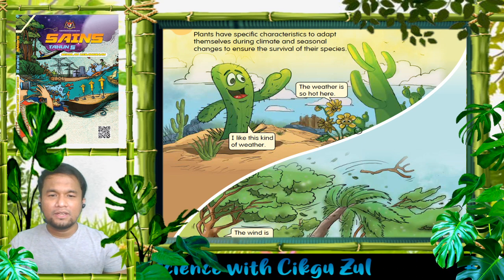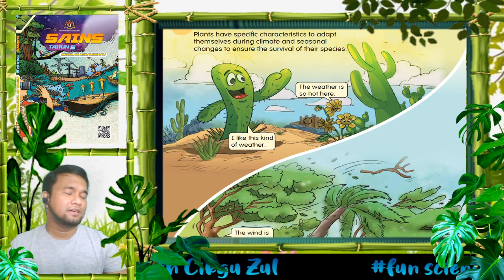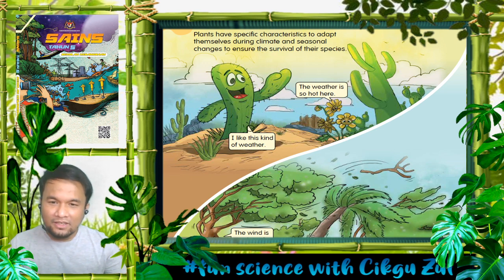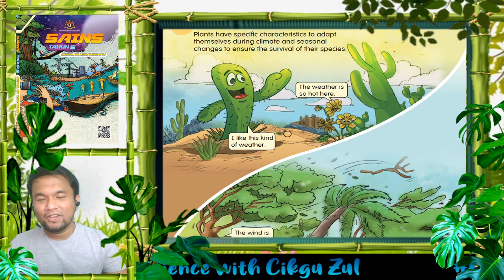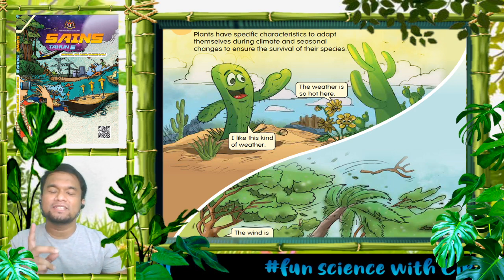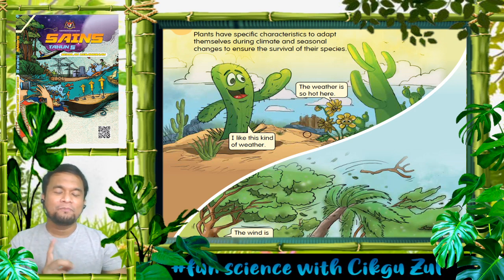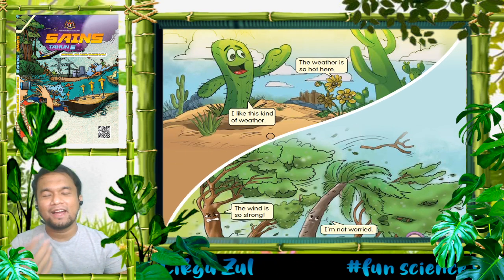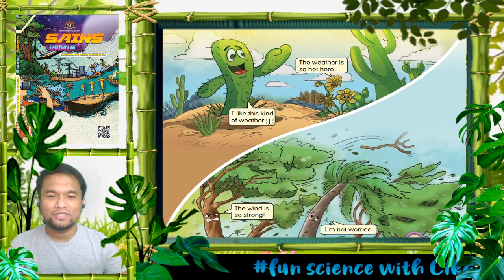And the flower here says the weather here is so hot. Dia kata panas. But the cactus here says I like this kind of weather. Berbeza rupanya. Kenapa berbeza? Why are they having different perceptions? Ini adalah anggapan sajalah, bukan dia betul-betul cakap macam itu.